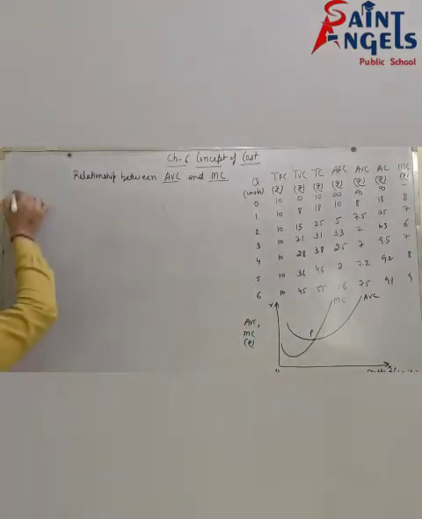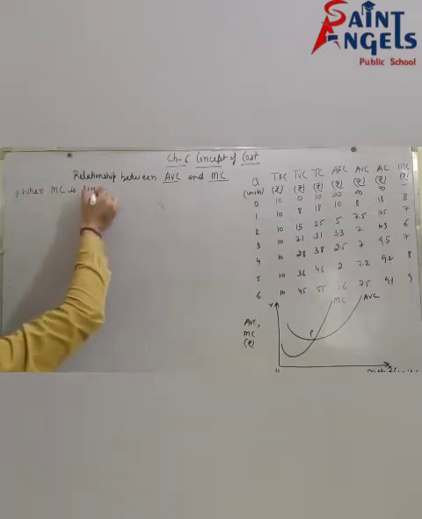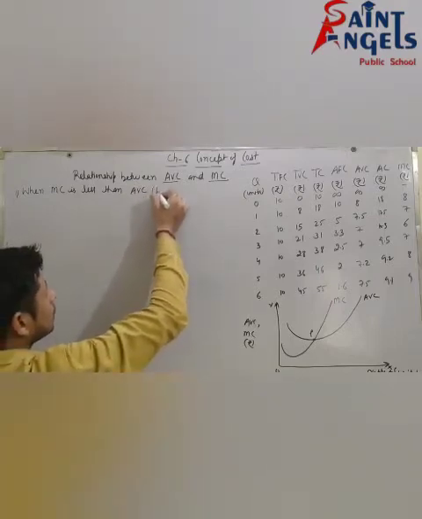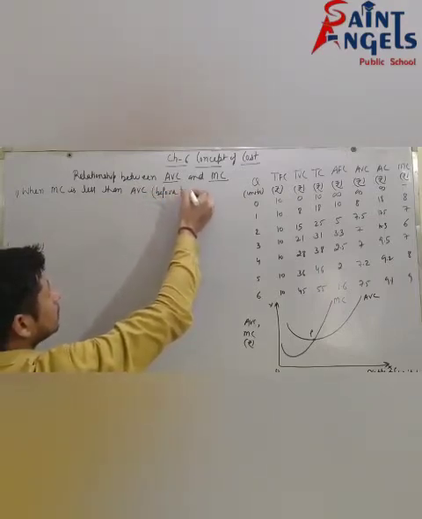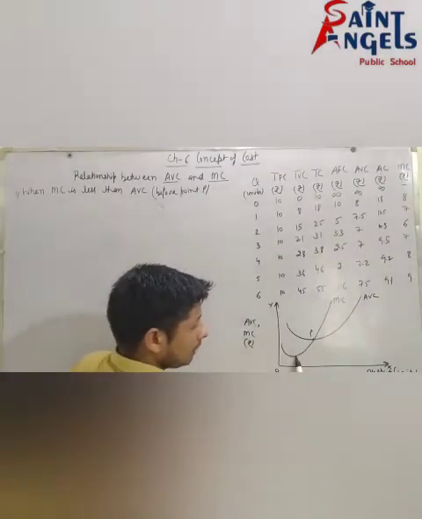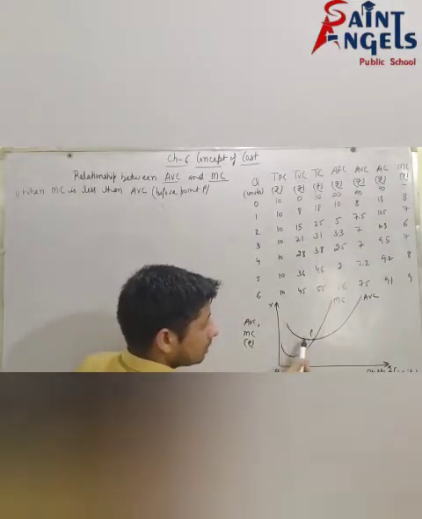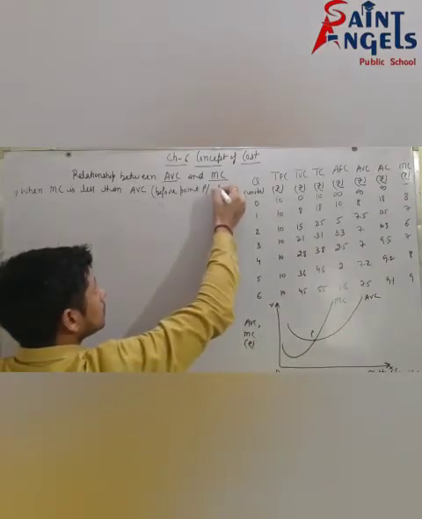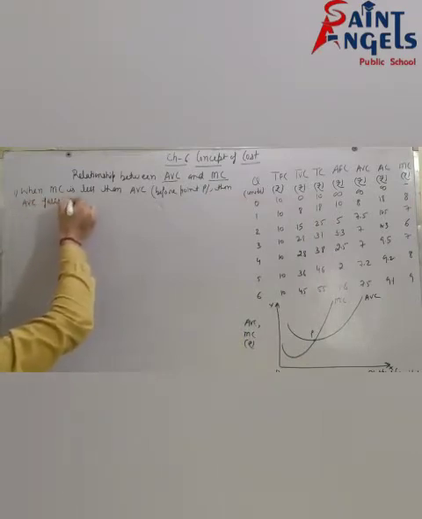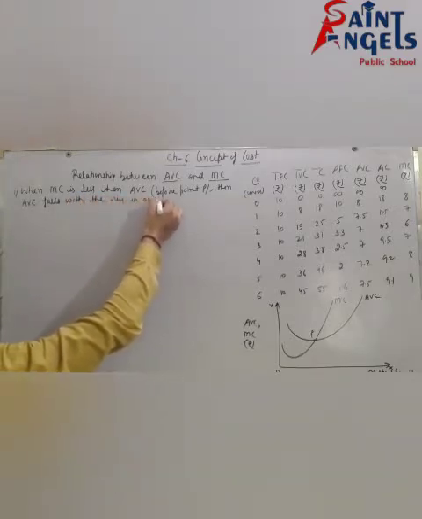See, when MC is less than AVC, before point P, MC is less than AVC. So AVC falls. AVC falls with the rise in output.